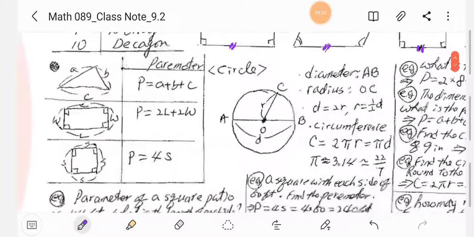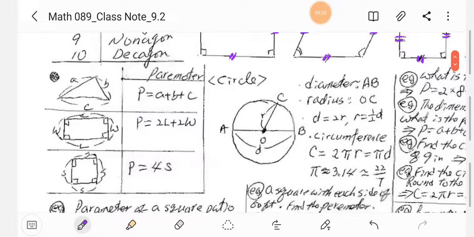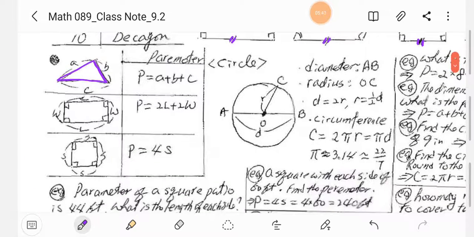Then what do we mean by perimeter? Perimeter is the sum of the side lengths. So for a triangle, it is the sum of three side lengths. And if it's a rectangle, then it is the sum of four lengths.